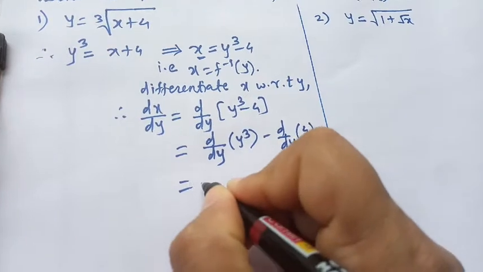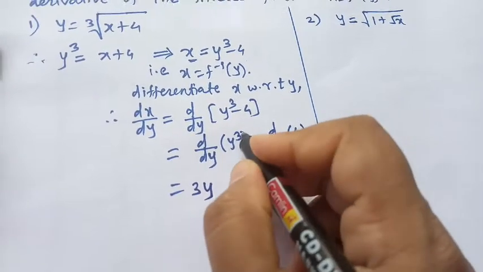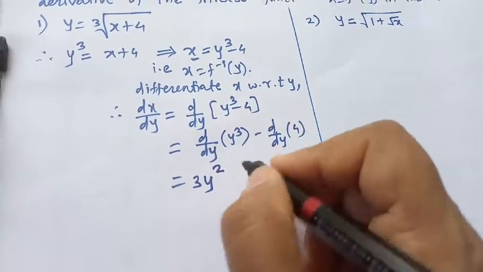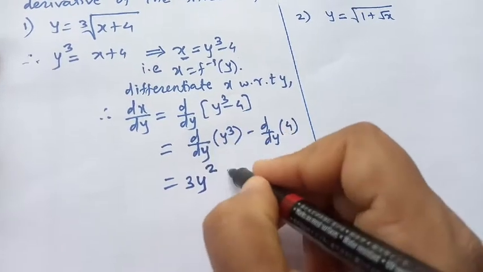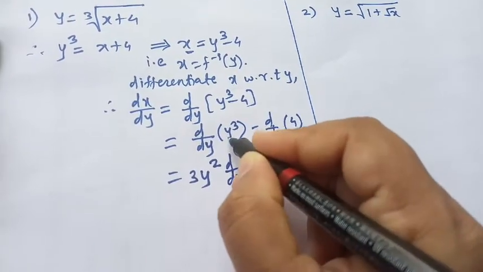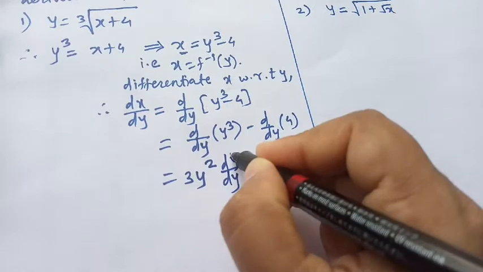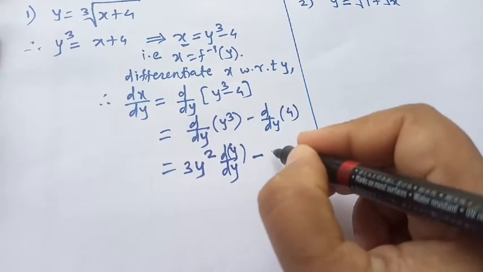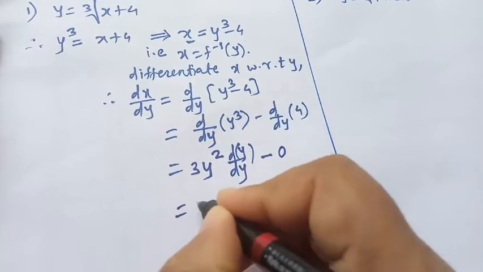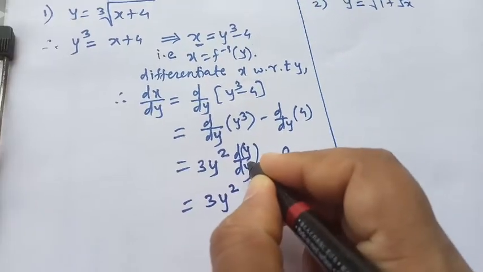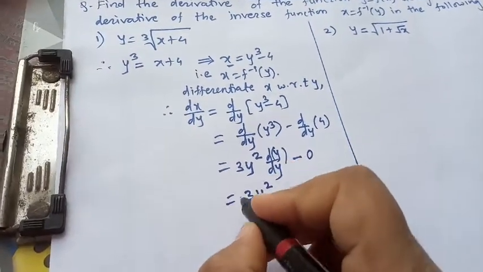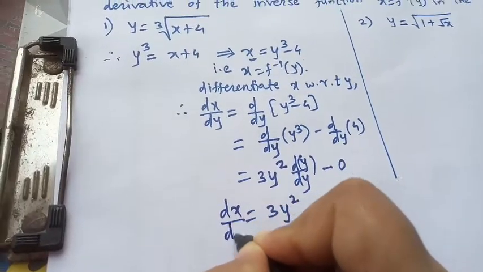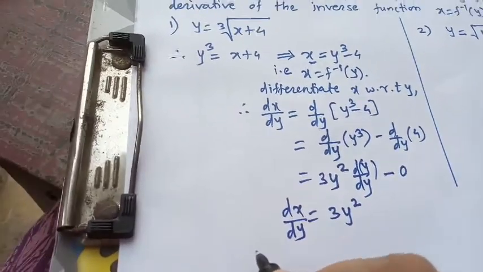Therefore here n is 3, so 3y raised to 3 minus 1, that is 2, 3y square. Minus d by dy of 4, which is a constant, therefore its derivative is 0. Therefore here we got 3y square times dy upon dy, that is 1, that is we got dx upon dy is equal to 3y square.